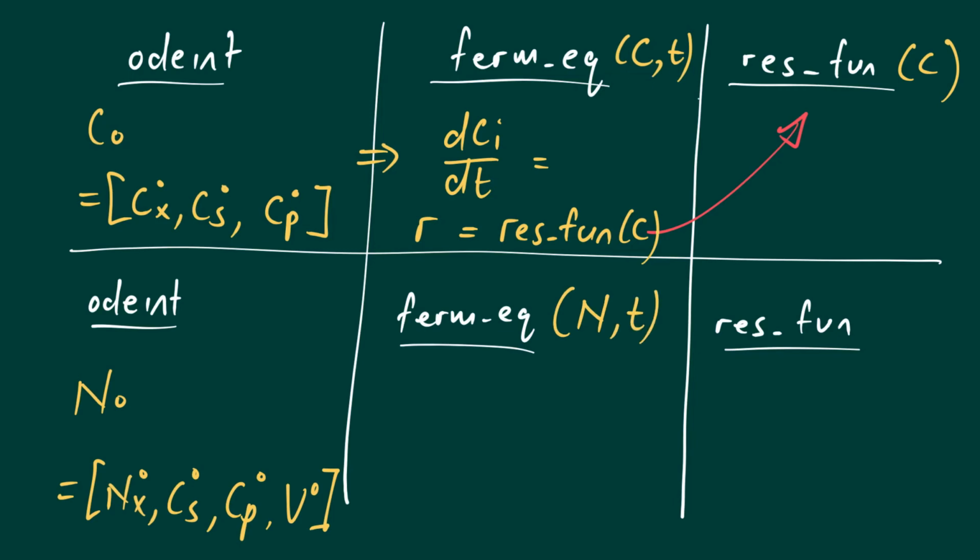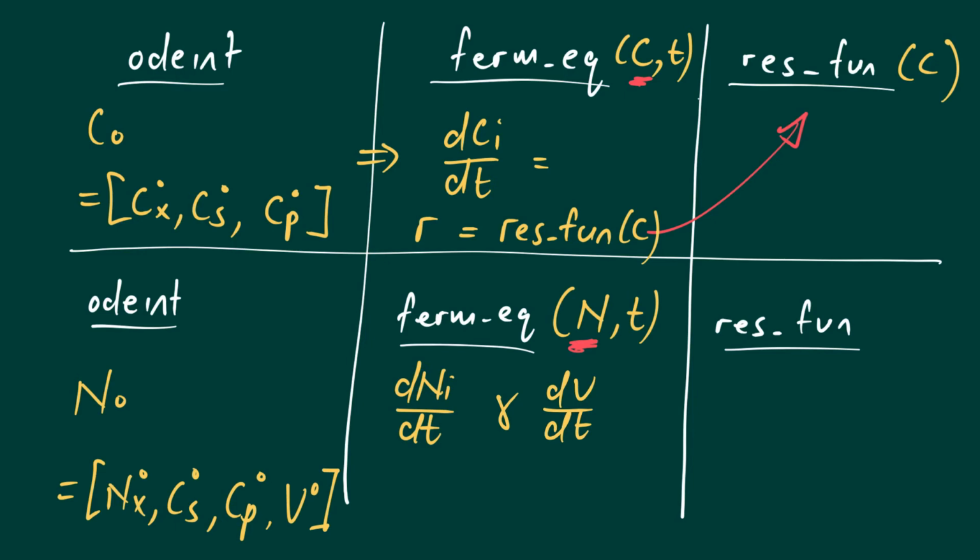So please have a look. There's a difference between what we have here and what we have here. And really, that is because we are going to be integrating dNi/dt instead of the dCi/dt we had over here. And we will also be integrating dV/dt. So these are the four equations that I have just mentioned.